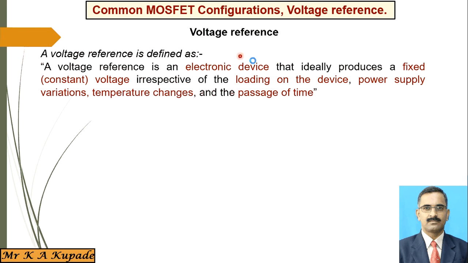See here, it is an electronic device which gives a constant voltage, irrespective of, or independent of, what kind of load is there, whether the power supply has variation, and temperature changes and passage of time. Independent of these things, whatever constant voltage you get is called the voltage reference.